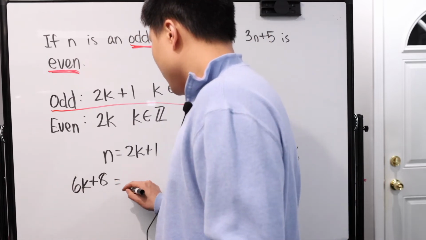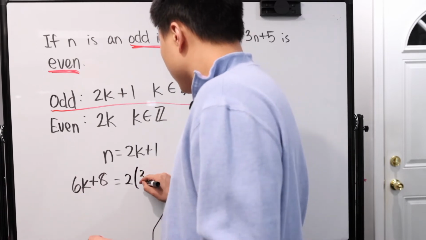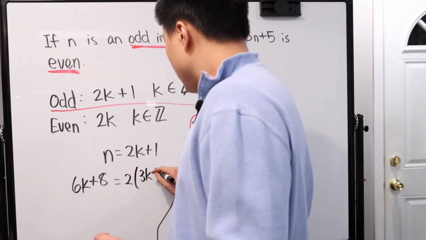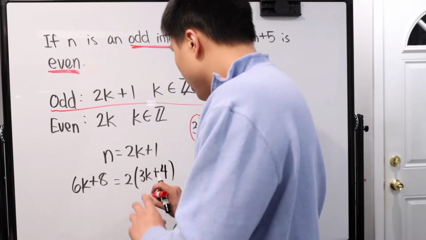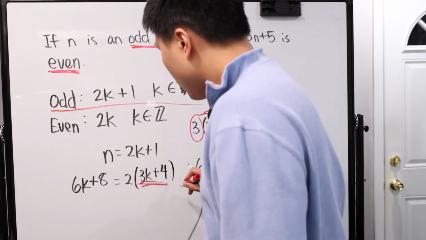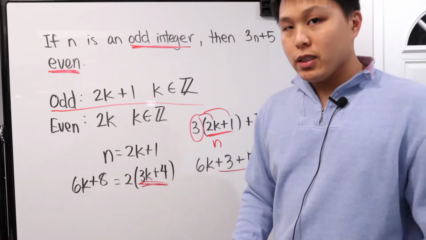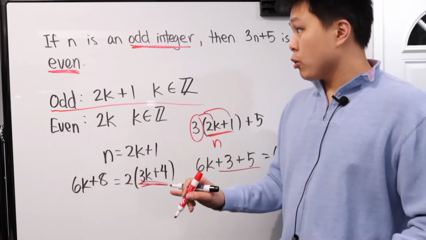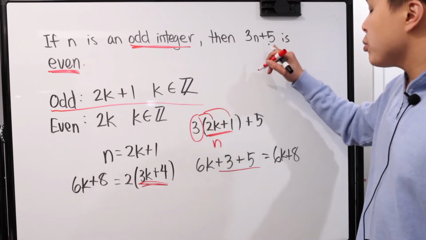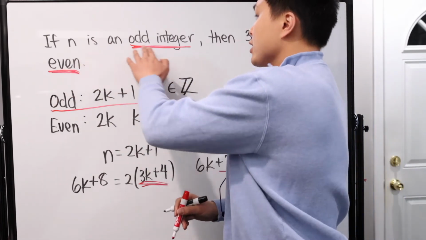So that's technically just 2 times, because we took a 2 from here, that's 3k plus, took a 2 from here, 4. We know that this is still going to be some number. Now we have 2 times some number. So that means the end result is 2 times some number, showing that 3n plus 5 is even if n is an odd integer.